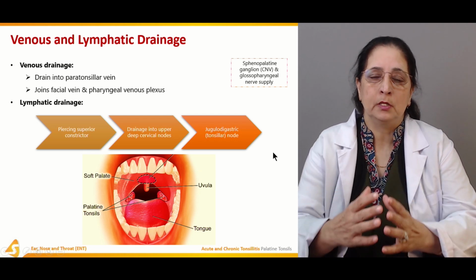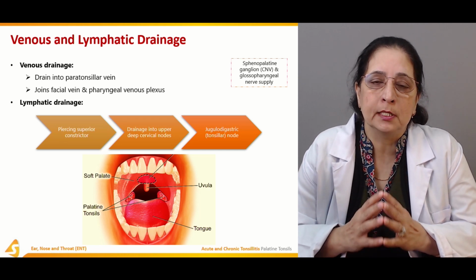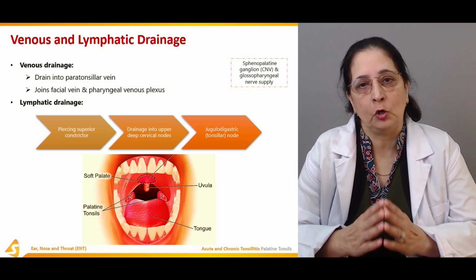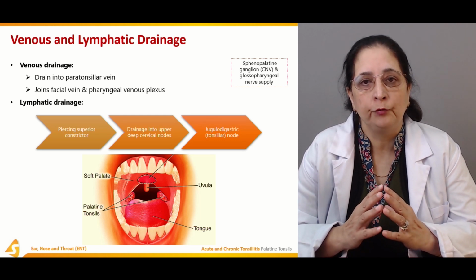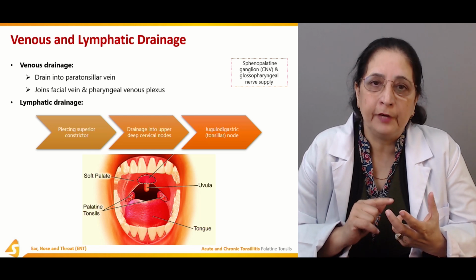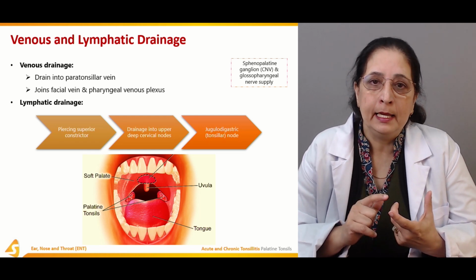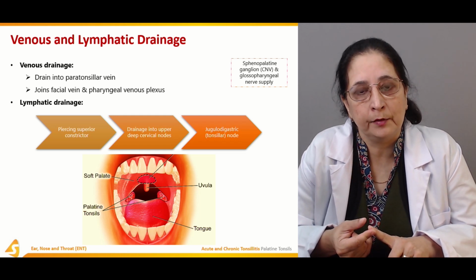So this was the blood supply. The blood supply of the tonsil, the palatine tonsil we are talking about specifically right now, is through 4 major arteries: maxillary artery, facial artery, lingual artery, and external carotid artery.